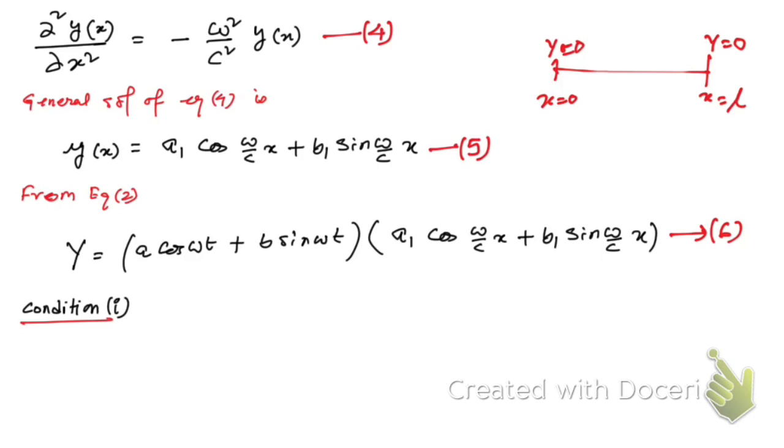At x is equal to 0, this capital Y is equal to 0 for all values of t, right? Okay, if that is the case, then you see capital Y is equal to small y of t into small y of x.